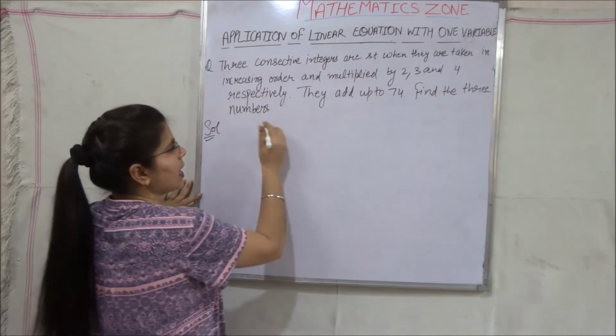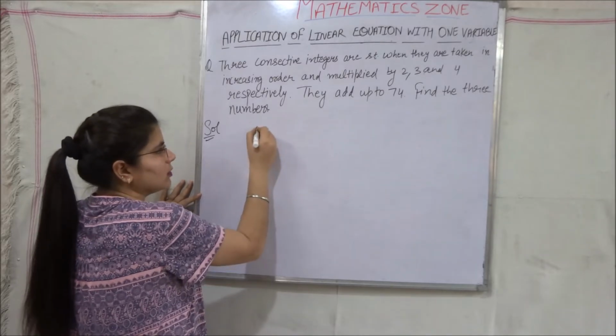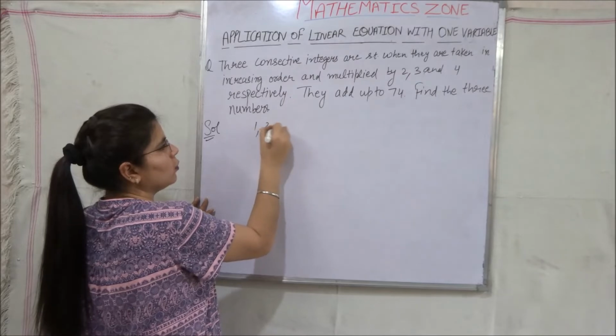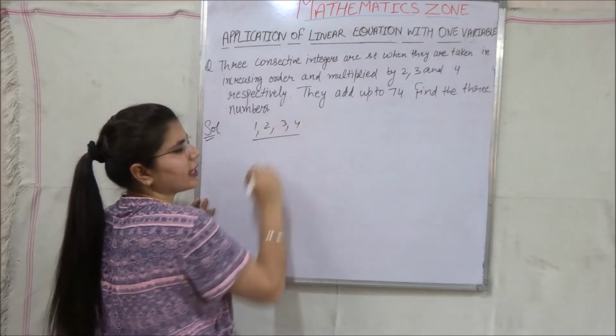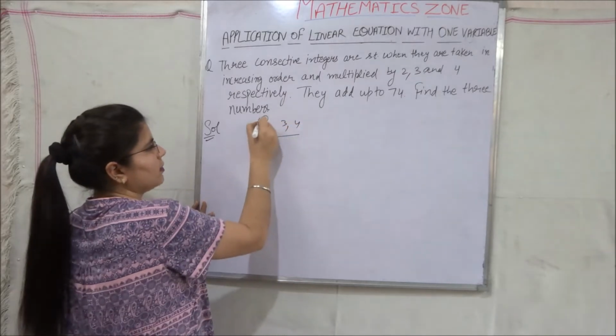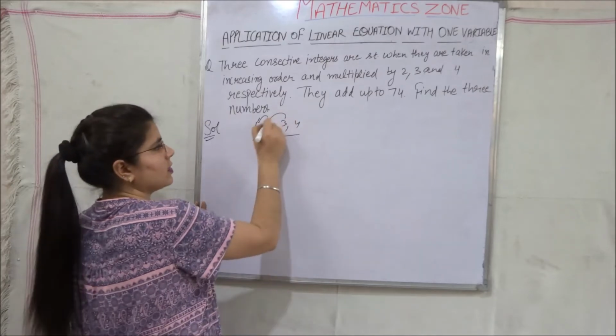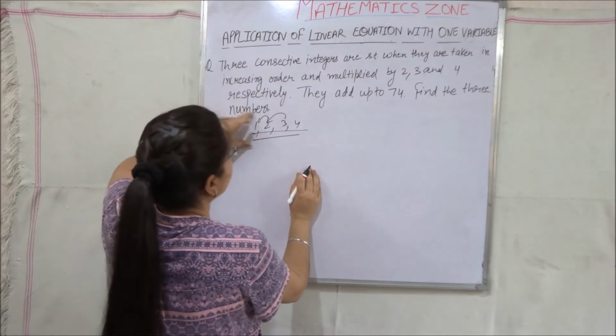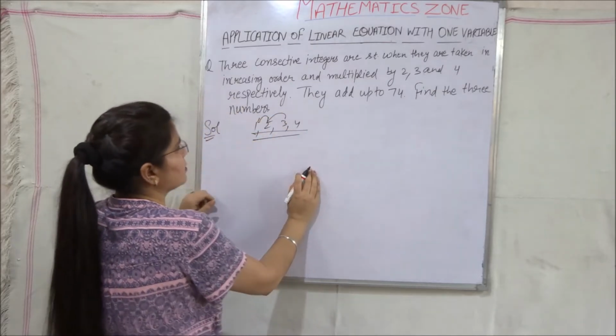Consecutive integers are numbers whose difference will be 1. For example, 1, 2, 3, 4 are consecutive integers. The difference of 2 and 1 is 1, the difference of 3 and 2 is 1. So these kinds of numbers are consecutive numbers.